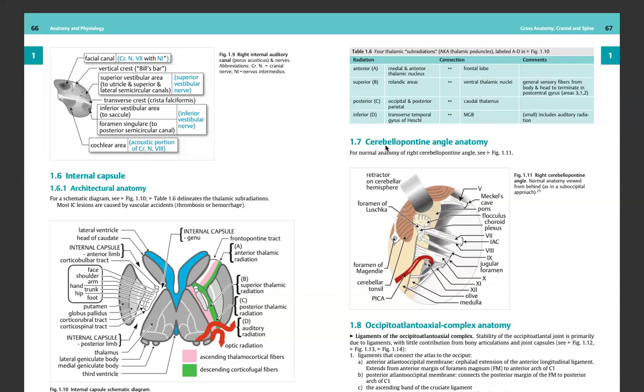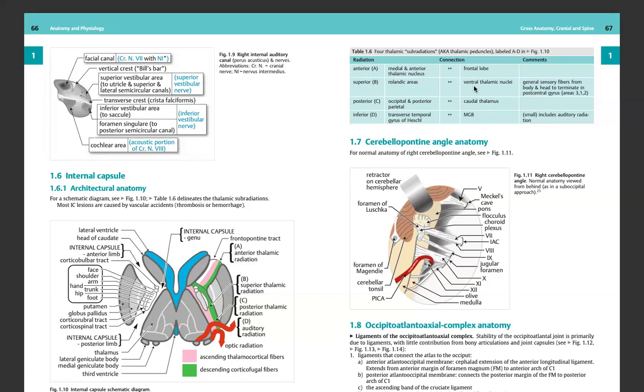Yes, the anterior thalamic radiation goes to the frontal lobe, from the medial and anterior thalamic nuclei. The superior goes from the Rolandic area, the paracentral area, to the ventral thalamic nuclei. Sensory fibers, of course.